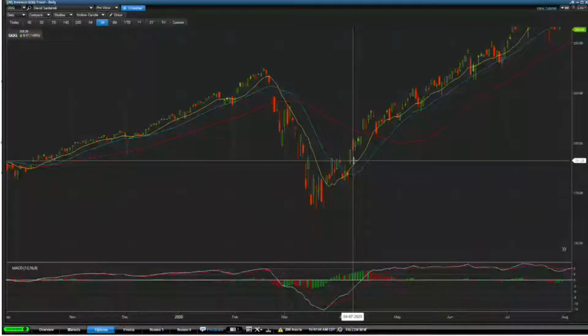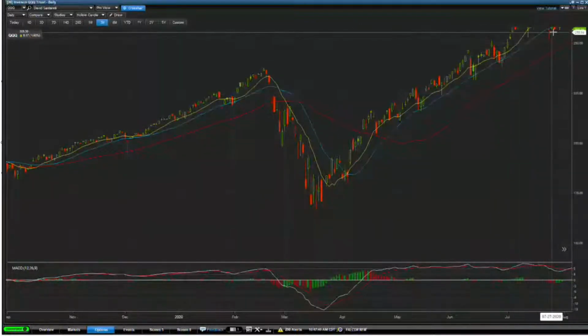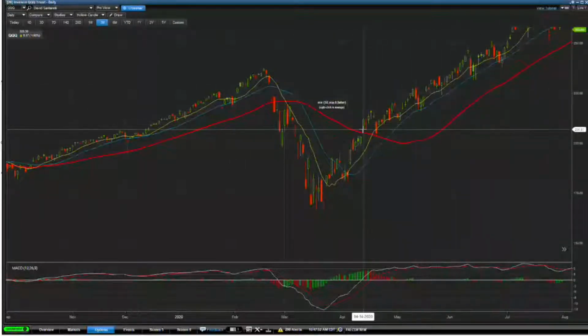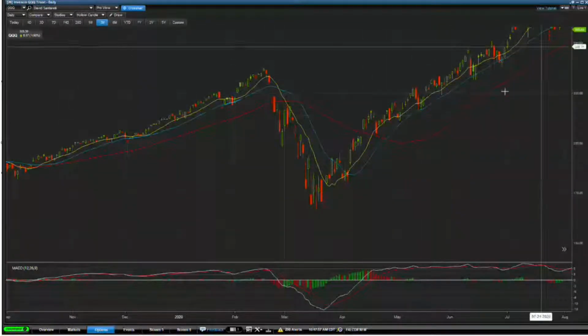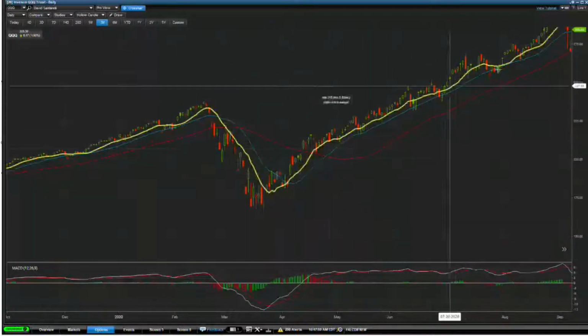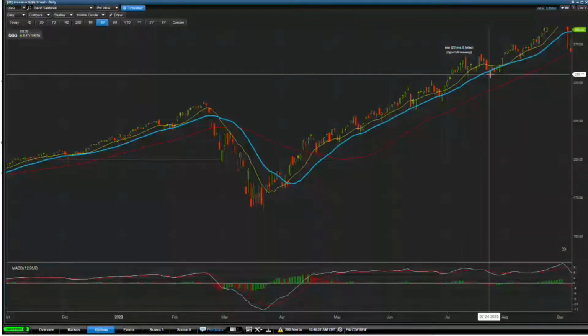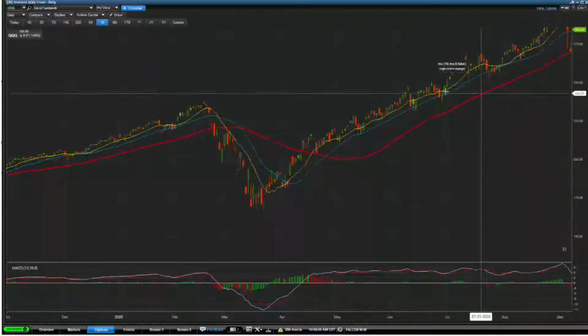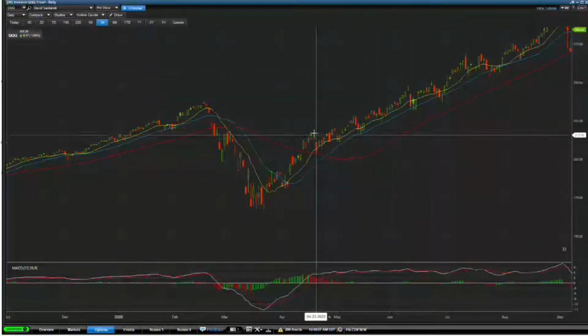From 190 all the way up to that sell signal of 255, that is over a 400%, probably closer to 600% return in that short amount of time, from your entry to that exit signal on that candle on July 24th. So that's extremely important, to follow that trade plan.